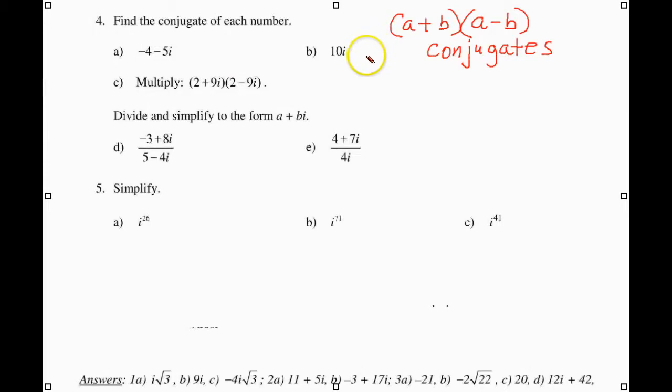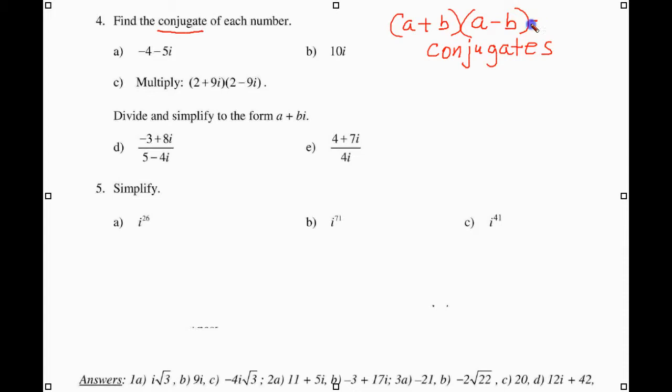As we go on to item 4, they want us to find conjugates. And if you recall from earlier lessons, we introduced this word a long time ago. Conjugates were terms that were the same terms, but one was plus and one is minus.